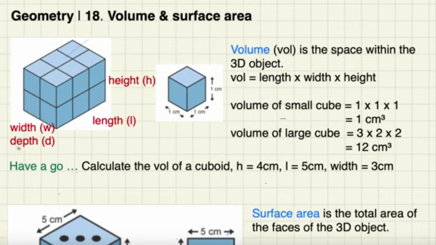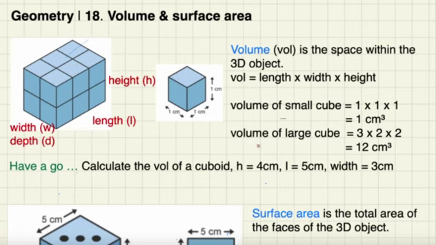Sometimes in an exam question they don't mention width and height. They might just call them letters, so that's A, that's B, that's C, for instance. It doesn't matter because you can translate that in your own mind.